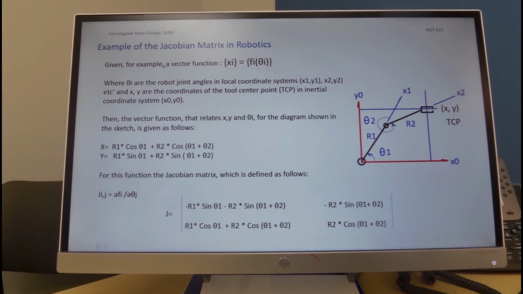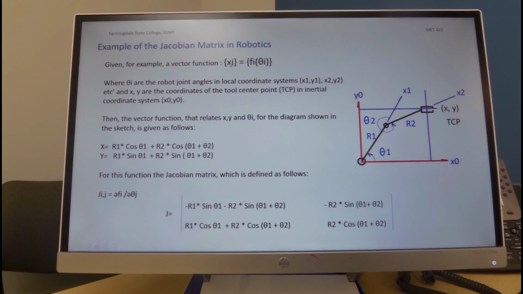If we are given, for example, a vector function of x as a function of independent variables theta i, for example in this two-link robot, we have theta 1 and theta 2 as the relative angular position of each link with respect to the other, and we have x and y, the position of the end point, in a coordinate system x0, y0.